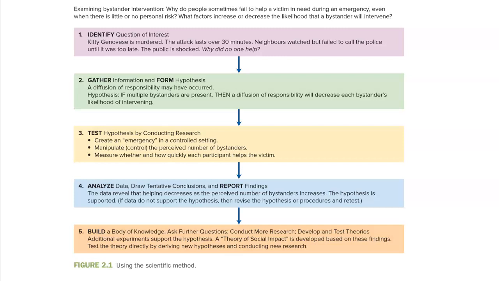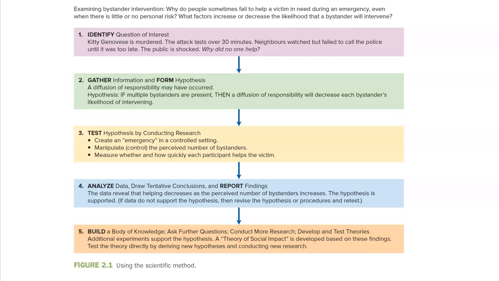Their hypothesis, which is usually formed as an if-then statement, was: if multiple bystanders are present, then a diffusion of responsibility will decrease each bystander's likelihood of intervening. In other words, the more people that are around, the less likely someone is to call police because they expect someone else would have.